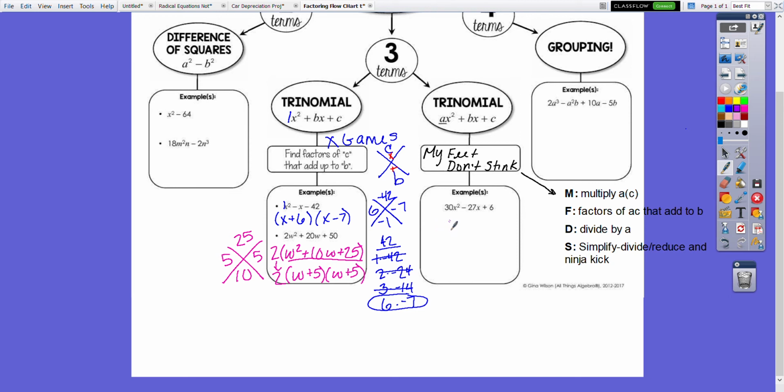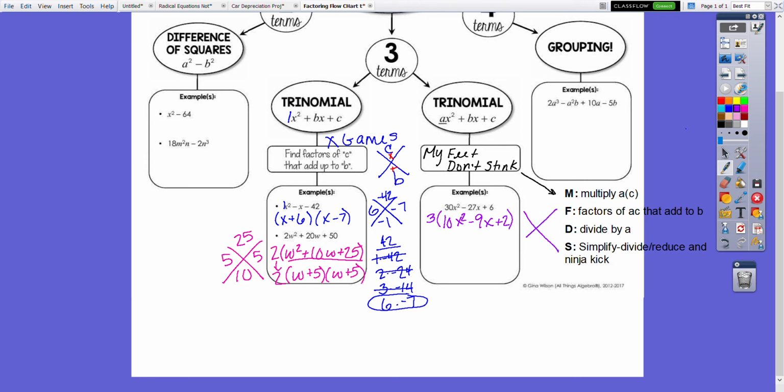So 30x squared minus 27x plus 6. Well, we're always looking for a GCF, and is there a number that can divide 30, 27, and 6? Yes, there is. It's 3, so I'm going to take out the 3, and I'm left with 10x squared minus 9x plus 2. From here, again, I don't worry about that 3 until the very end.